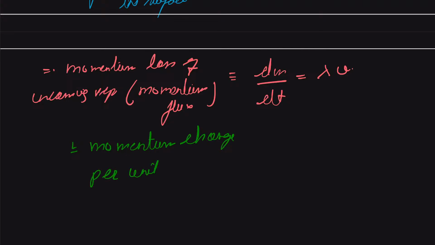Per unit time, or we can say force because of the momentum, is equal to dm by dt times v. So dm by dt is our lambda v, so this comes as lambda v square.